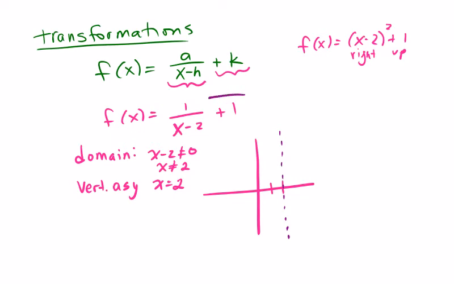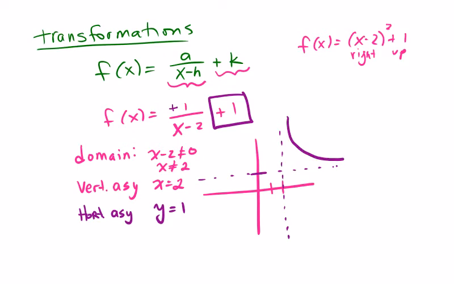Now, the value on the outside is going to represent where our horizontal asymptote is. So our horizontal asymptote is going to be at that value, y equals 1. So at y equals 1, I'm going to draw in a horizontal asymptote. Now, because this is positive and a single x, it's not x squared, that means our graph is going to be diagonally across in the positive direction.